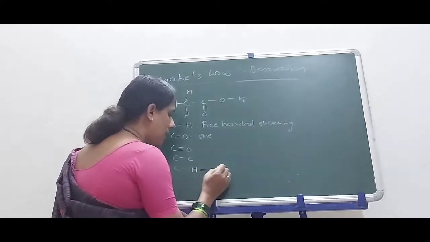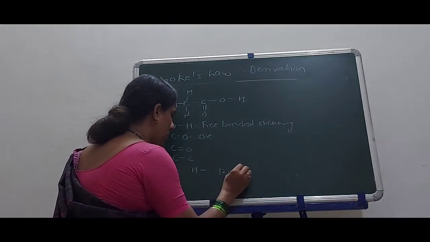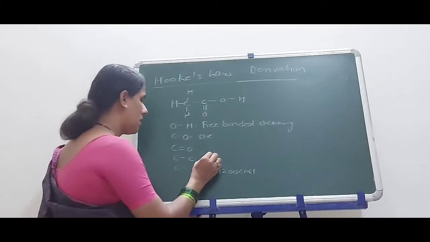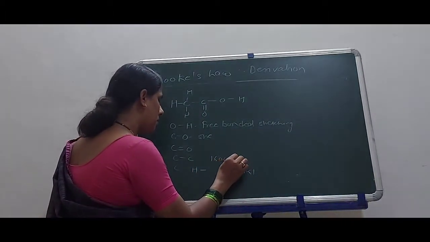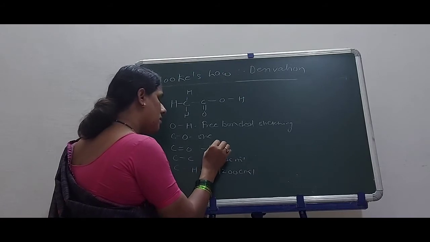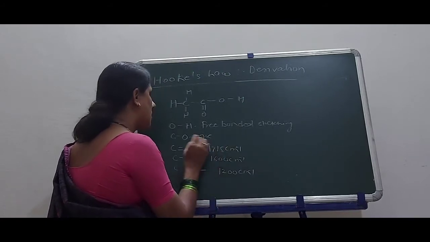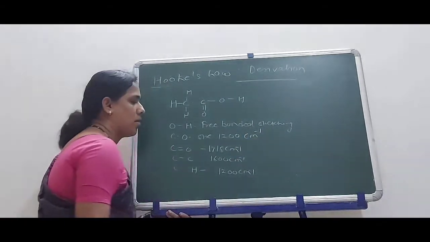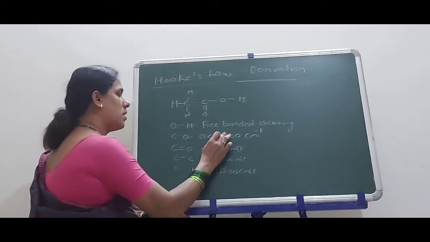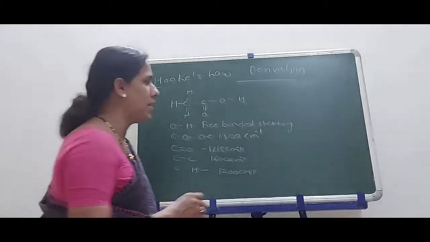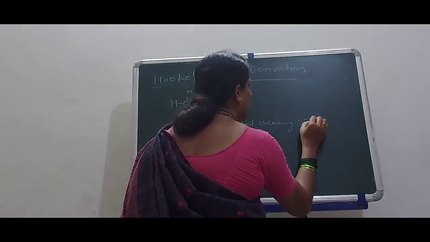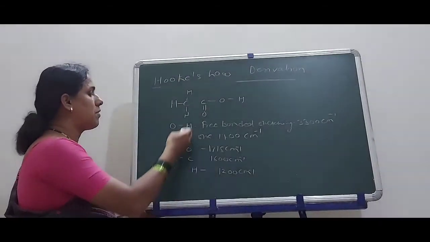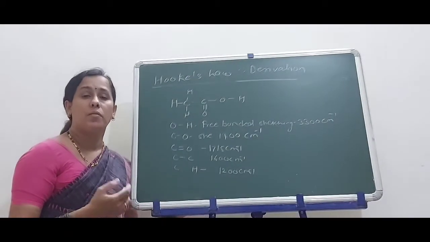CH is about 1200, C single bond C is about 1600, C double bond O is 1750, and bonded OH is equal to 3300 centimeter inverse.